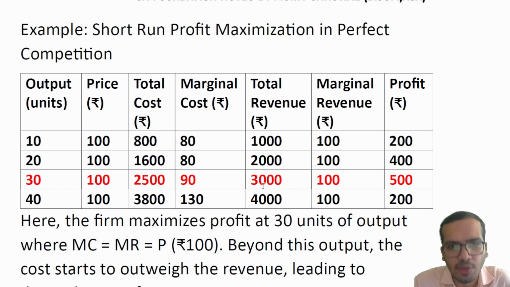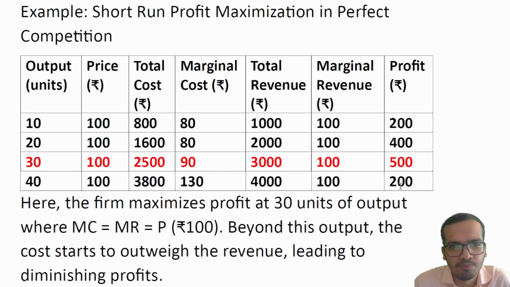So exactly we don't have marginal cost equal to marginal revenue, but it's nearby, because you can see in the next case the marginal cost is 130, more than the marginal revenue. So this is the ideal scenario, where our units are 30 and marginal cost is equal to marginal revenue and the profit would be maximum.